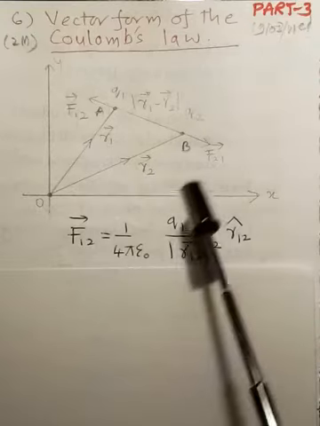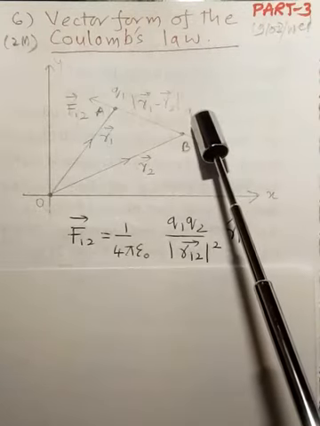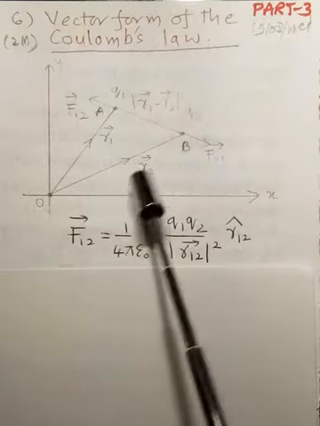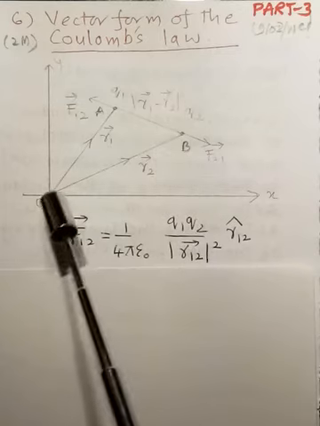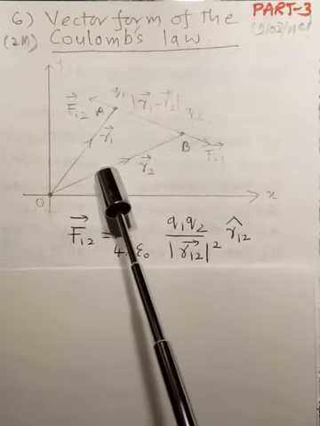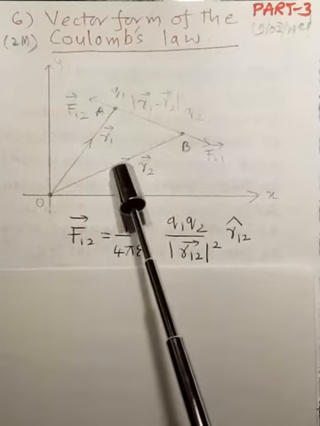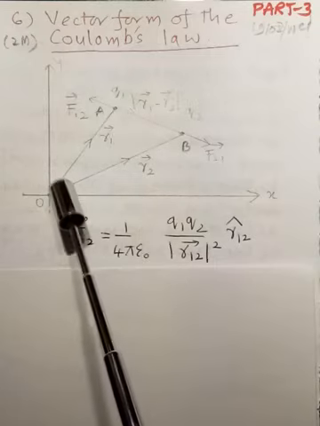Now take another charge Q2, which is at the R2 vector. This length represents how far Q2 is from the origin, and this angle represents its direction. By knowing Q1 and R1, we will know how much charge is placed and how far the Q1 charge is from the origin.